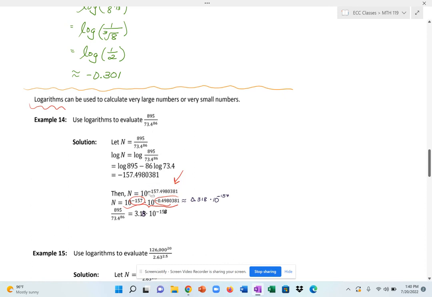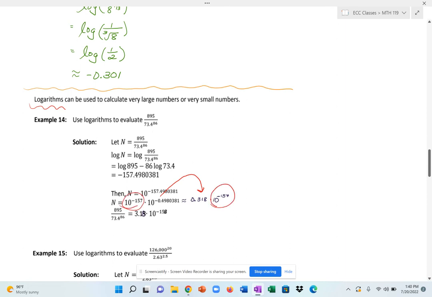But now the 10 to the negative 157, we're going to leave that alone because that's going to be a nice way to present it in terms of scientific notation. And if you plug this into your calculator and round it, you should get 0.318. So I rounded it to the thousandths place times that number.